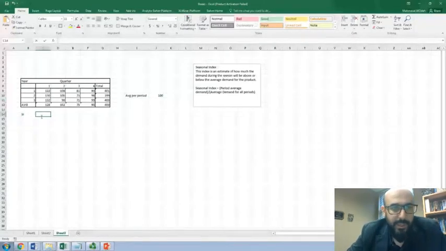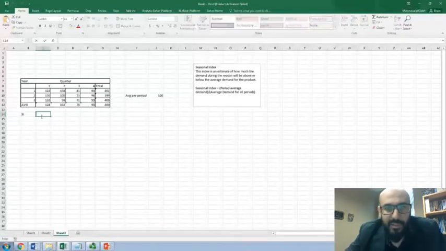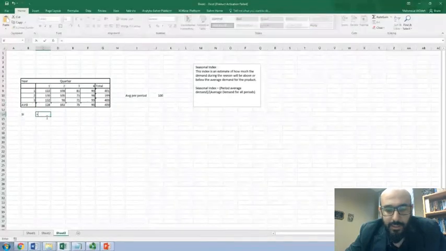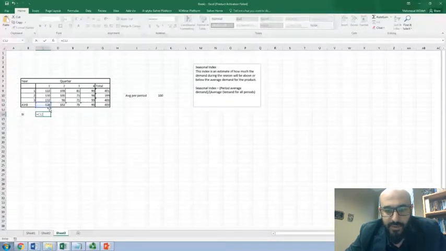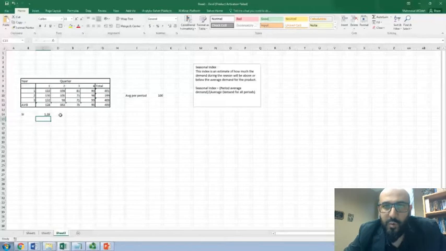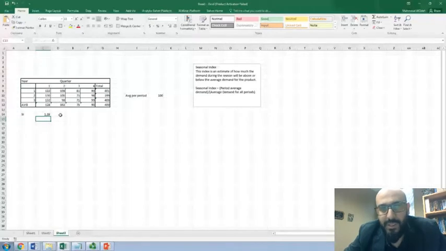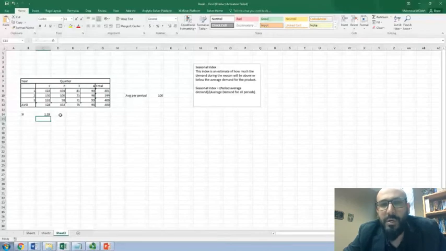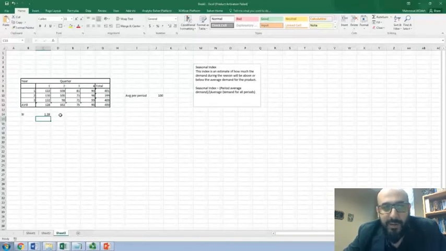Seasonal index would be the period average, which would be 128, divided by the 100, which is the average per period. So the seasonal index for quarter 1 is 1.28, which means in this quarter we're going to sell 28% more than the average demand.